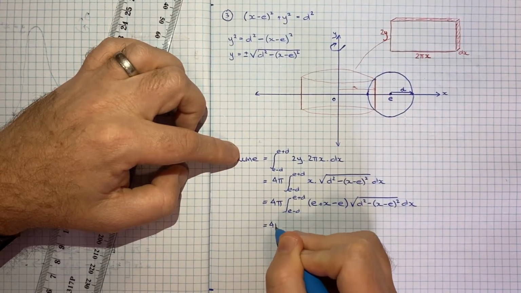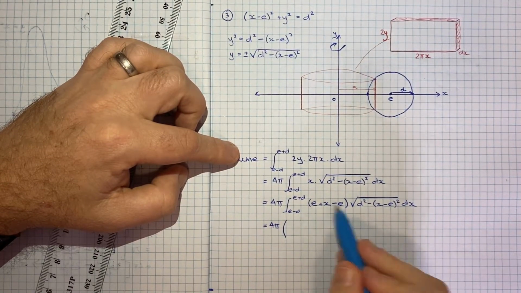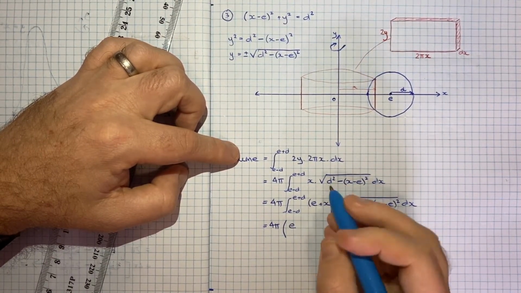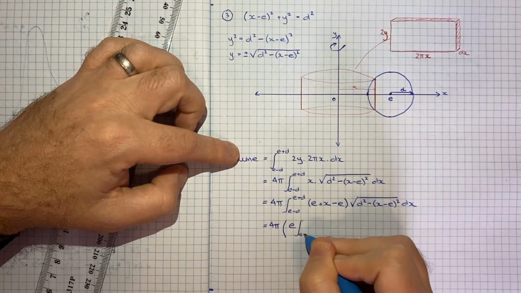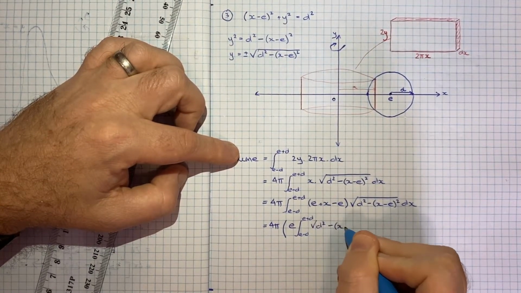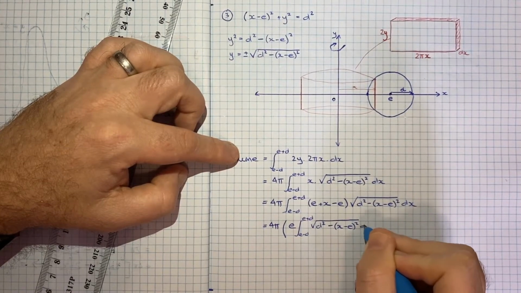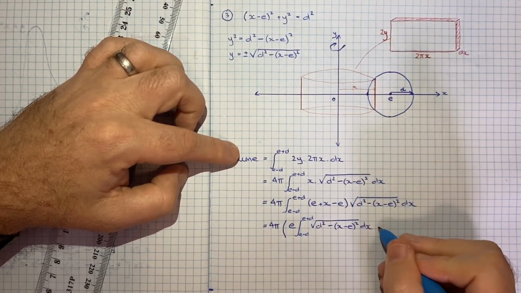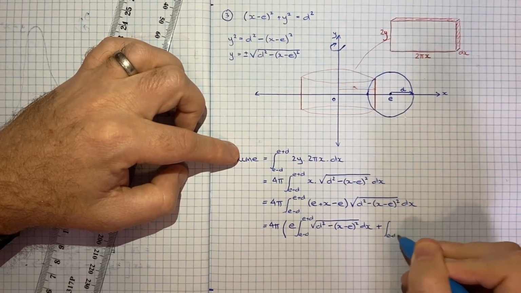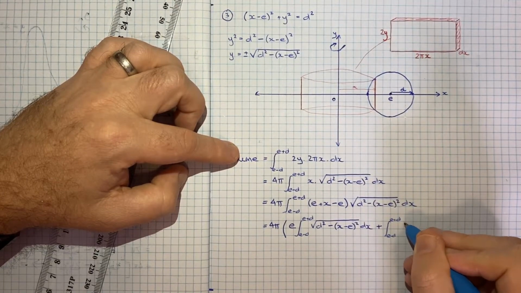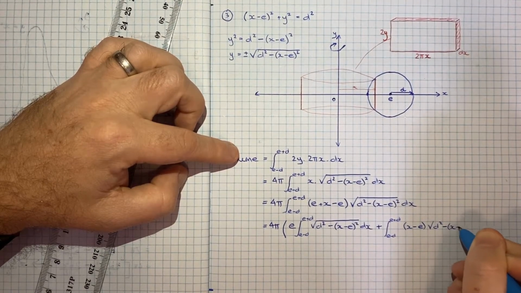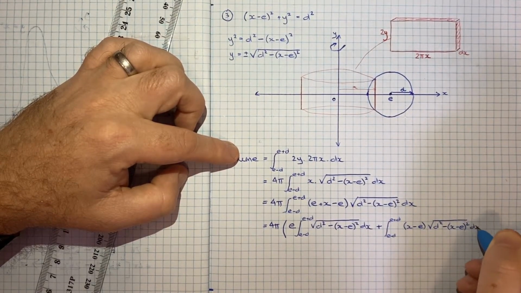So we'll get 4 pi times, and it'll be e times this. e is just a constant, so I can write it outside. e times the integral from e minus d to e plus d of the square root of d squared minus (x minus e) squared dx. So that's the first expansion. And then plus the integral from e minus d to e plus d of (x minus e) times the square root of d squared minus (x minus e) squared dx.